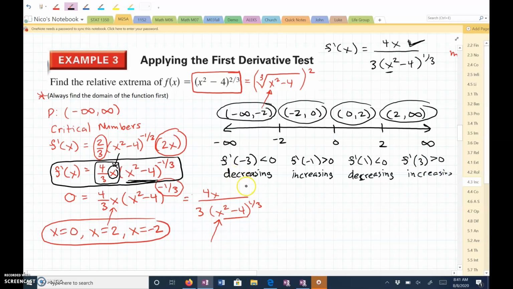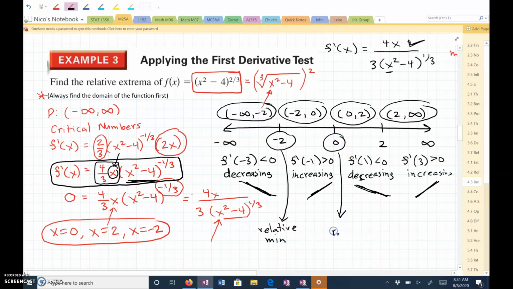So it's decreasing, increasing, decreasing, increasing, which means at this point here, decreasing, increasing, this has got to be a relative min. This would have to be a relative max, and this would have to be another relative min.